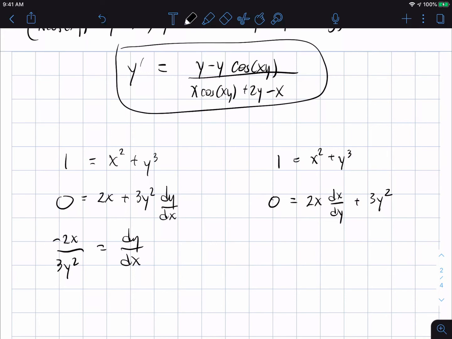It's in the variable that we don't know. So this ends up being that. See the difference? Yeah. So depending on what variable we're taking the derivative with respect to will impact the answer.